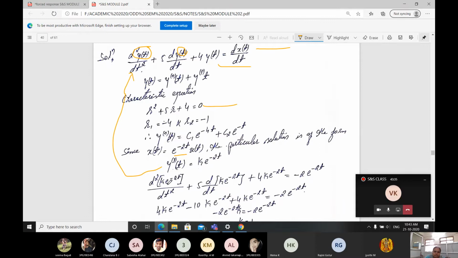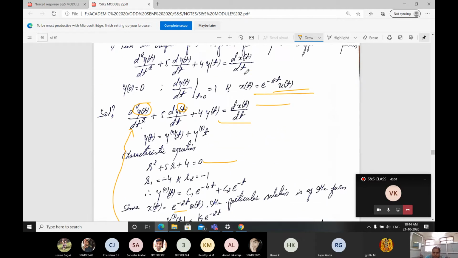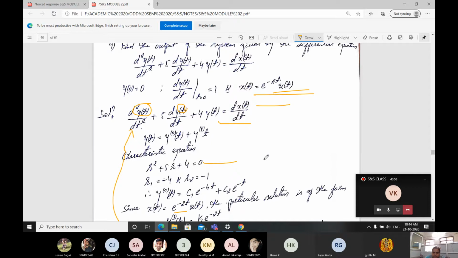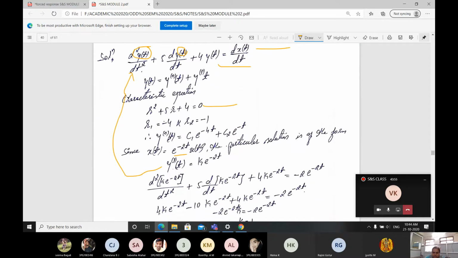d square of k into e raised to minus 2t divided by dt square, plus 5 into d by dt of k into e raised to minus 2t, plus 4 k into e raised to minus 2t, is equal to minus 2 e raised to minus 2t, because you have to differentiate x of t. Differentiation of e raised to minus 2t is minus 2 e raised to minus 2t.